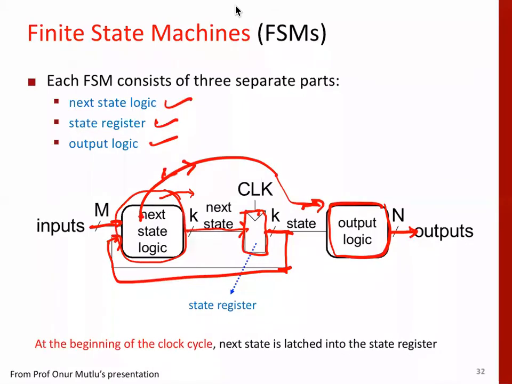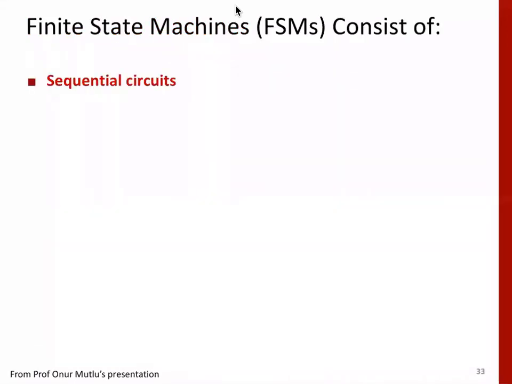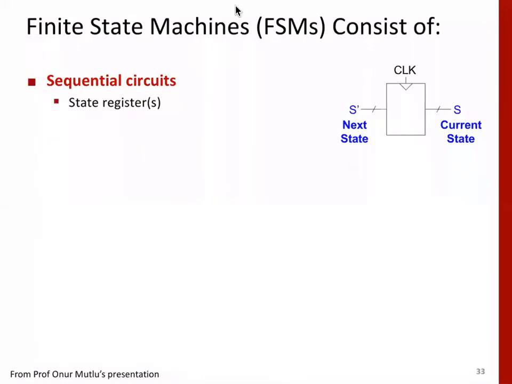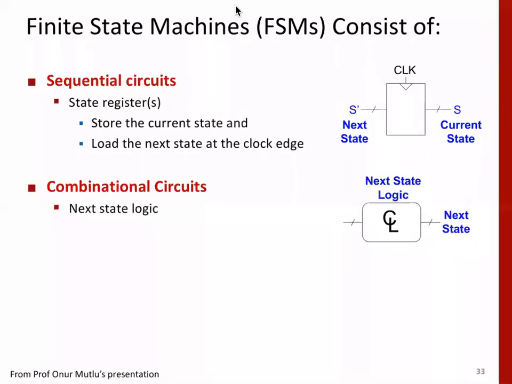Clear? All right. At the beginning of the clock cycle, the next state is latched into the state register. So at the beginning of the cycle, we have the state available. It totally depends on your design when you do the state transition, or when information gets inside a register.